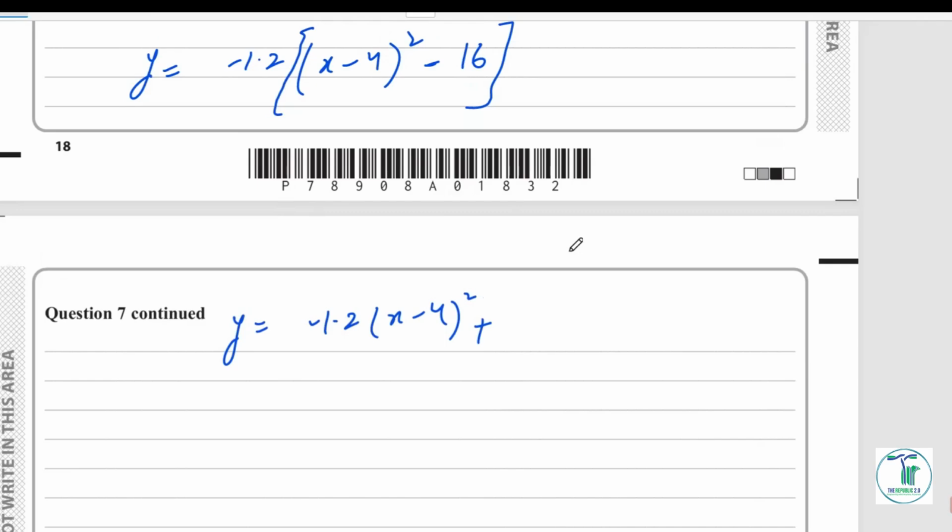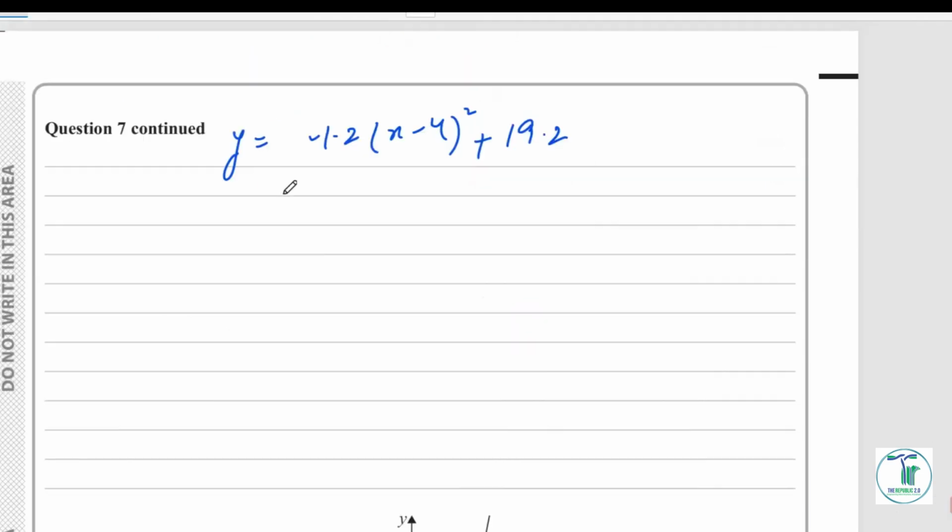16 times 1.2 is going to be 19.2. So we've got these curves. What does that mean? For the y-intercept, plug in x equals 0.